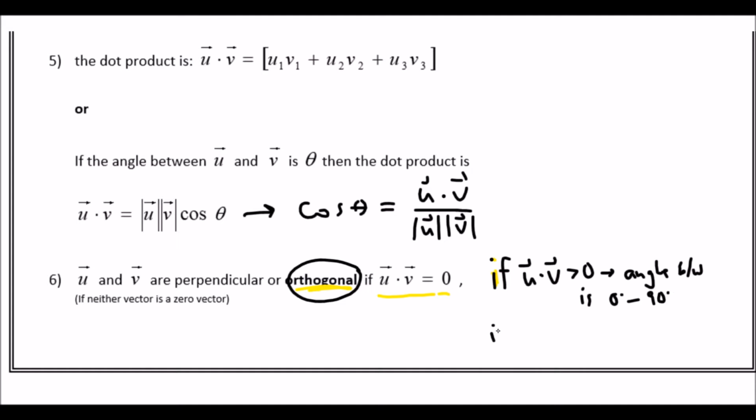And if u dot v is less than 0, the angle between is between 90 and 180.